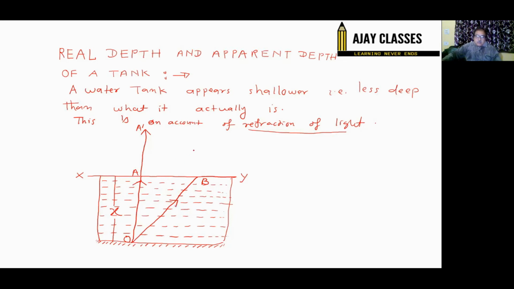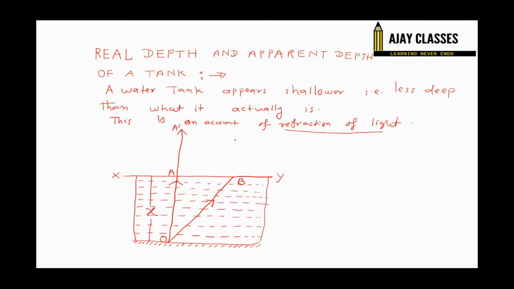And once again we draw the normal at the point B. Such a normal is shown by the dotted lines, and we have marked the points B and B dash as a normal.